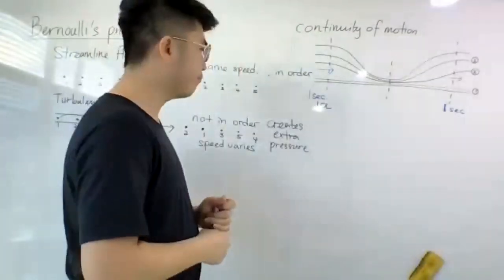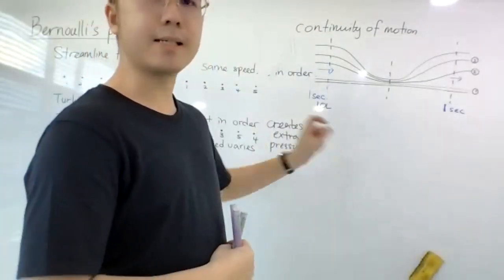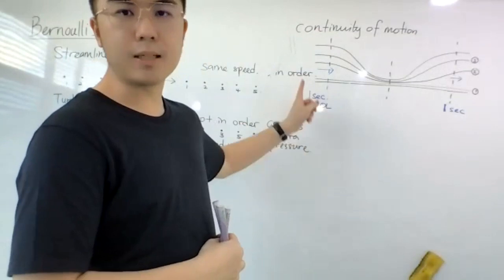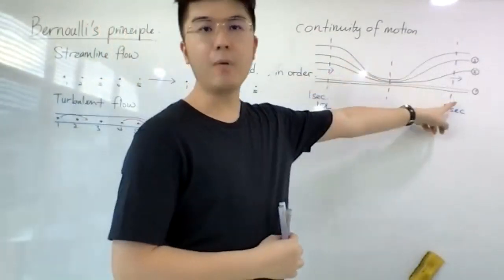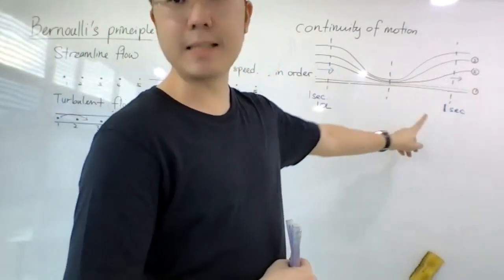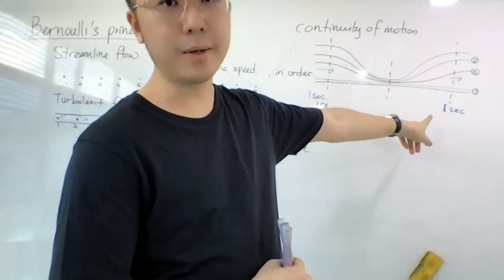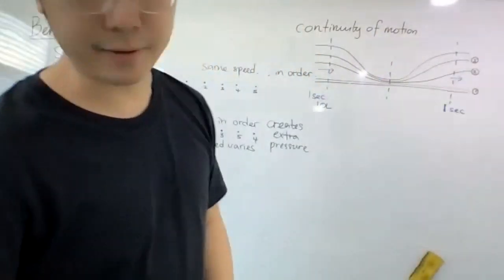Just now I was saying that in 1 second, I send 10 liters of water into the tube. How much water do I get out of here in 1 second? It will be the same 10 liters also, right? Because how much I send in, how much I get out of it.